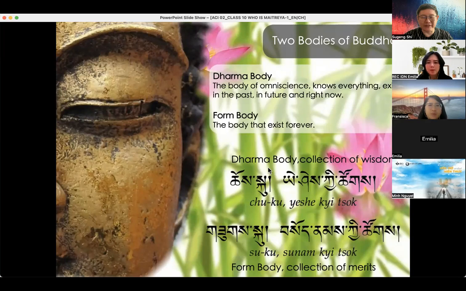Here we discuss in ACI 1 that the Dharma body, Chuku, is the result of the collection of wisdom, Yeshe Kyi Tsok, and the form body, Suku, is the result of the collection of merits, Sonam Kyi Tsok. Sonam is merit, Tsok is collection.